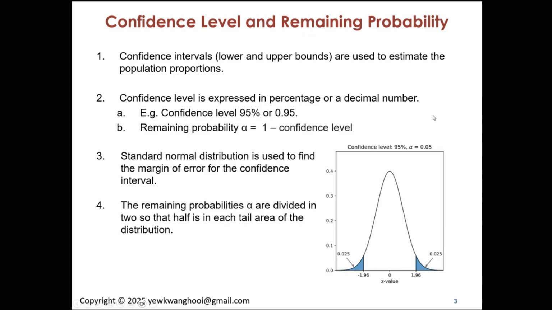And then for proportions, we'll be looking at confidence intervals, because proportion is part of the whole thing. It's a fraction of the whole thing. So we'll be looking at confidence intervals.